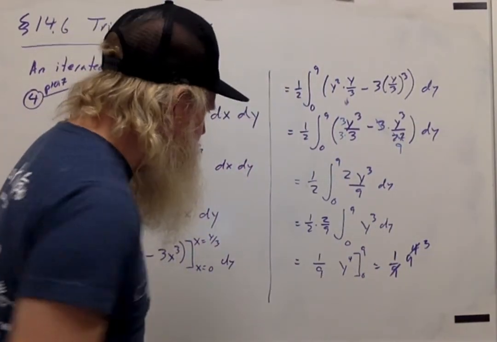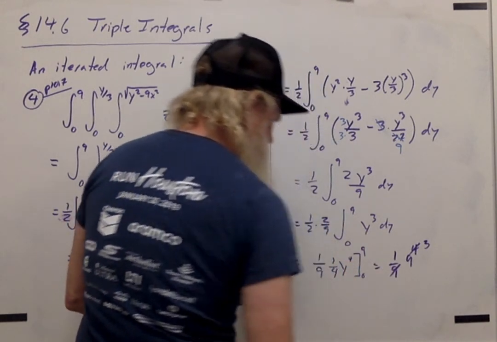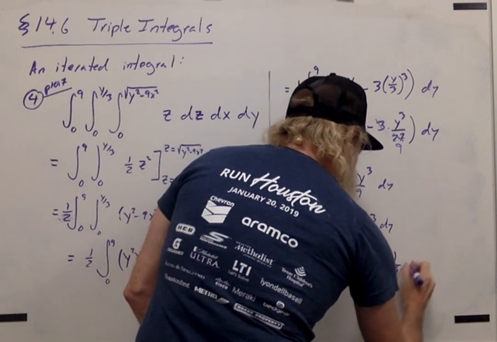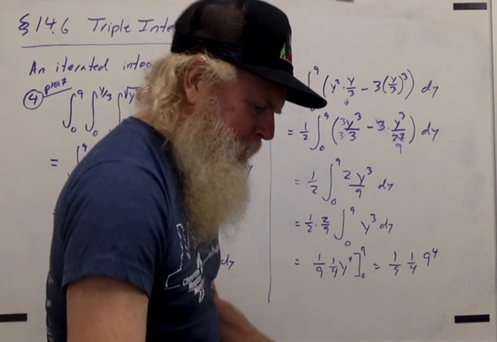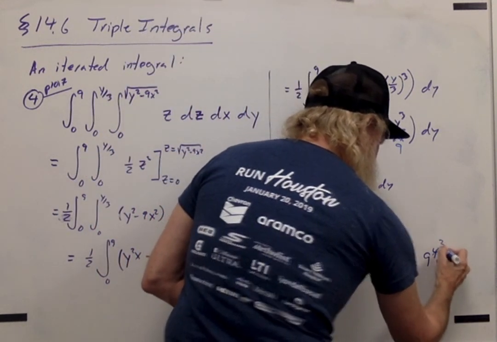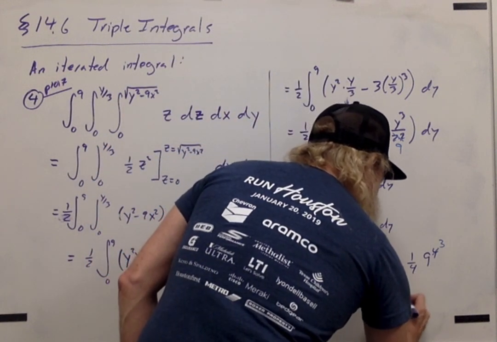Oops, mistake here. The antiderivative of y to the 3rd is 1/4 y to the 4th. So I have 1/9 times 1/4 times 9 to the 4th. And then when I cancel a 9 from the top and the bottom, I get 9 cubed over 4, and 9 cubed is 729.